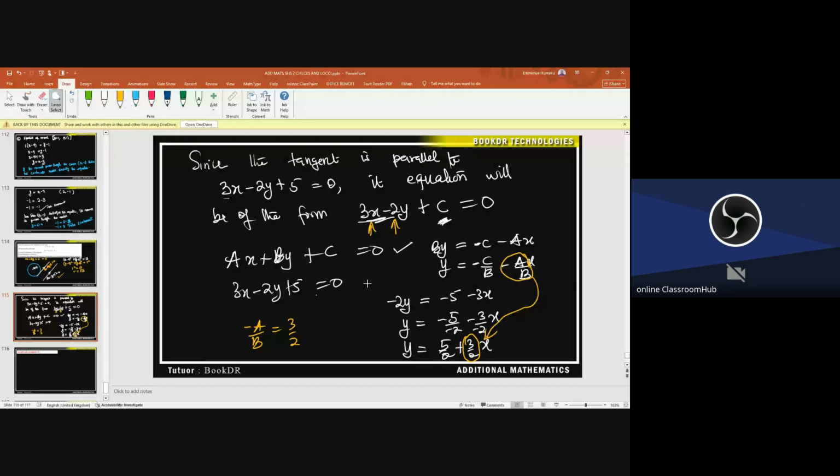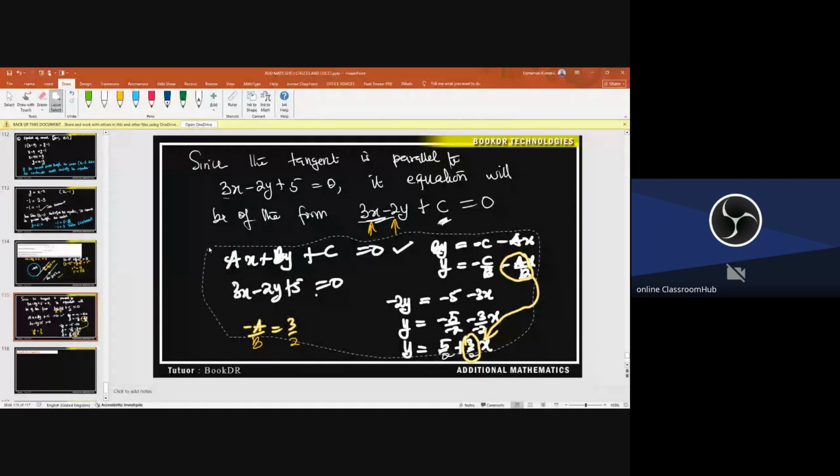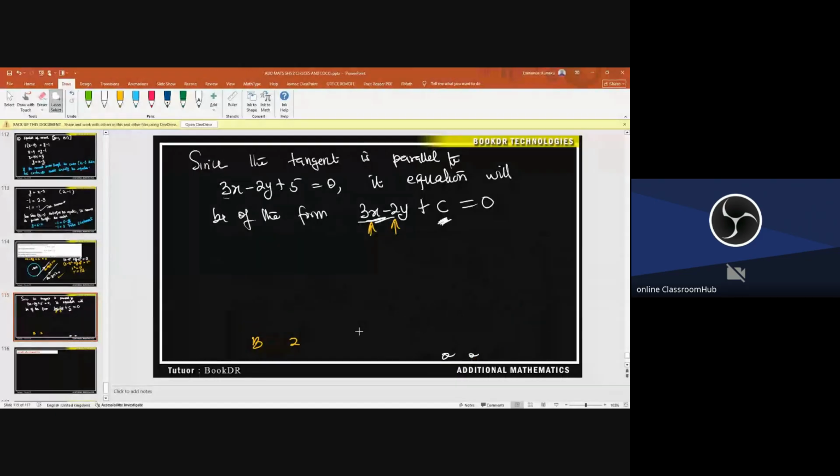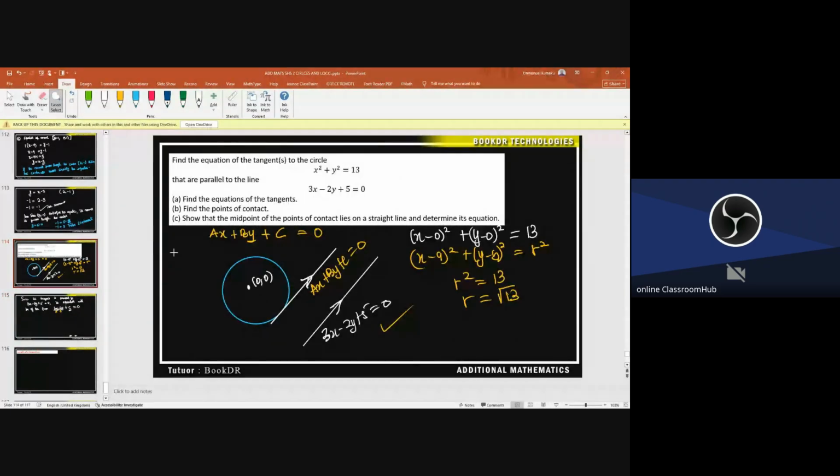So that is that. That is from coordinate geometry 1 in SHS 1. So at least we have identified our a and b, left with the c. That we will identify, and we are good to go.